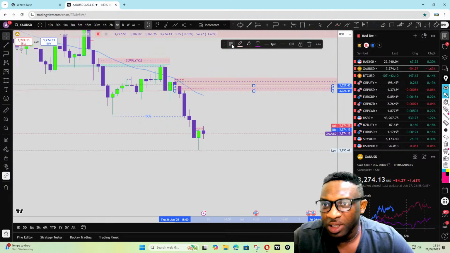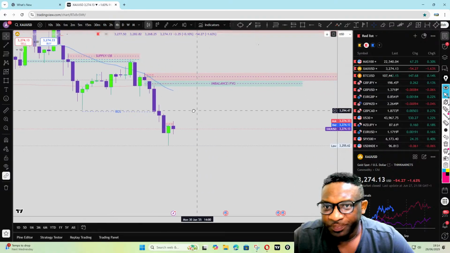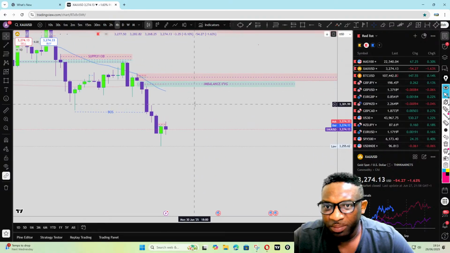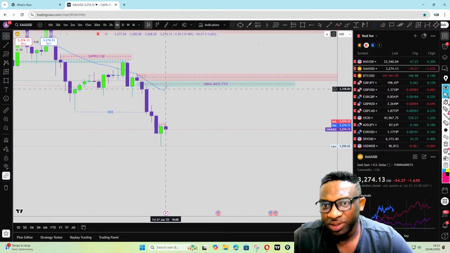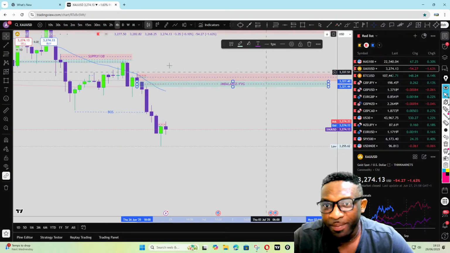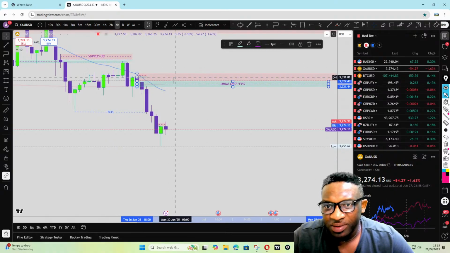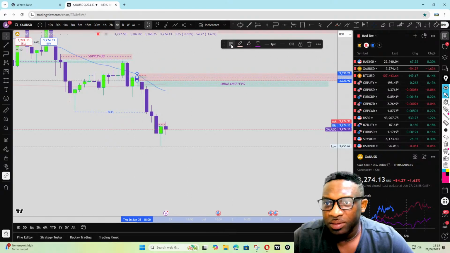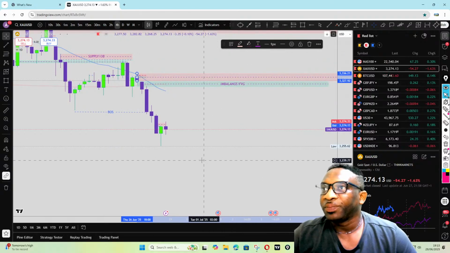So this now becomes our imbalance area. We had this break of structure. This is the imbalance that we have identified on the 4-hour time frame, and then we also have this supply area here.